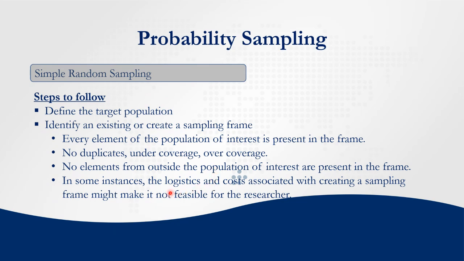So with probability sampling, the challenge becomes the logistics. In this case, you are just requesting from institutions. It's going to depend on your access and whether it's feasible for you.